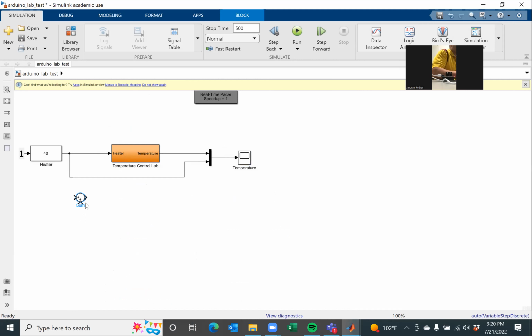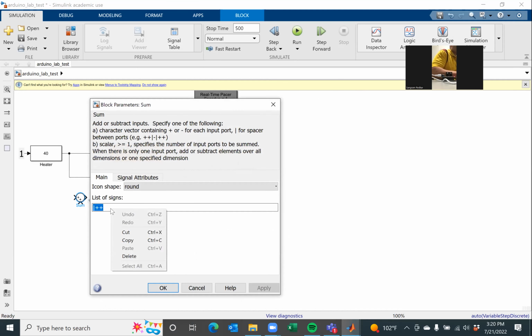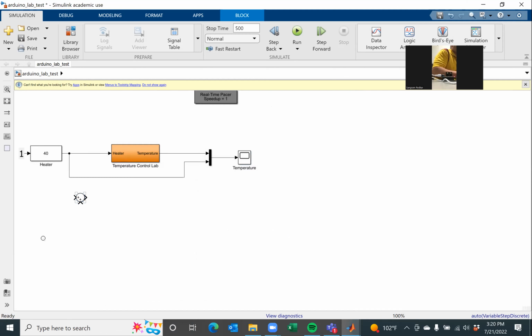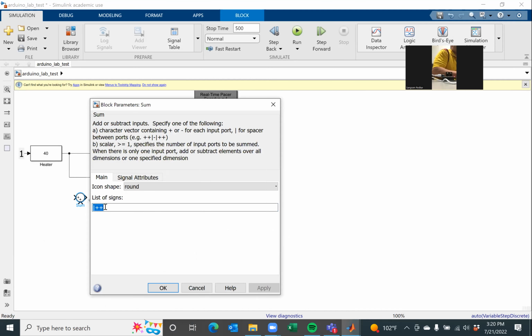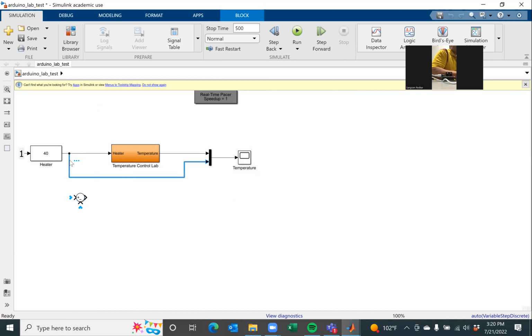So the way I'm going to do it is plus, minus. I would take this out from here. I would take this out from here. I'll put it over here. So this needs to go from here. Let me do it like this.